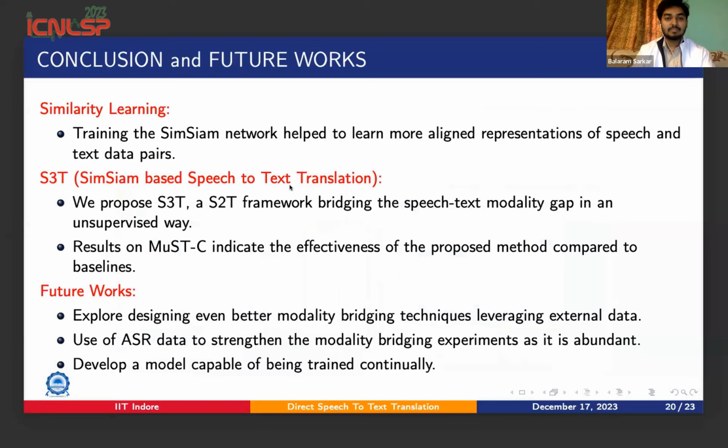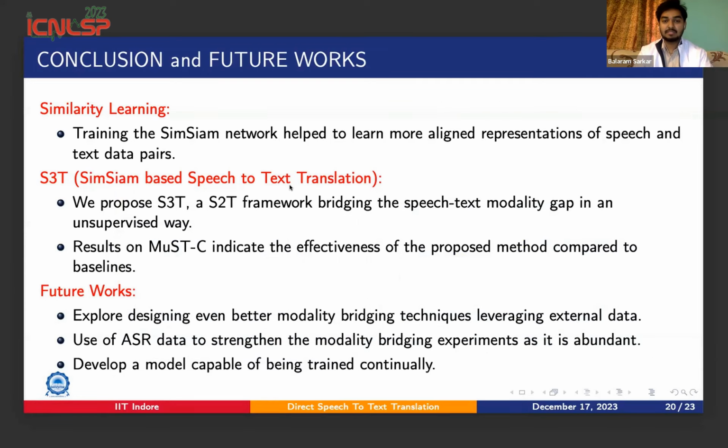I come to the conclusion with this slide. We have trained two different small experiments. Firstly, for the similarity learning, we use the SimSiam network to bridge the modality gap and to learn better representations of speech and text data together. And we further use it for developing speech to text translation.